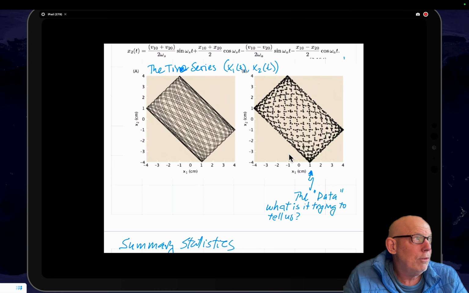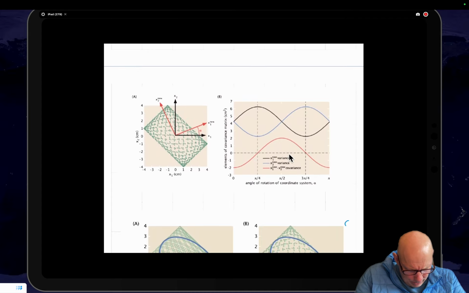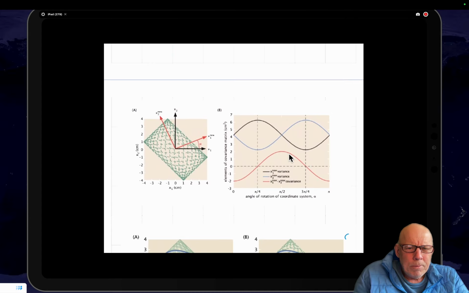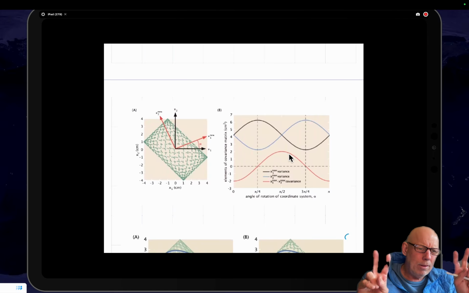This is x1, x2 positions or points, and we want to understand what we can about the nature of that data. Where we're headed is that this covariance matrix will actually have the off-diagonal pieces disappear if we find the right coordinates.